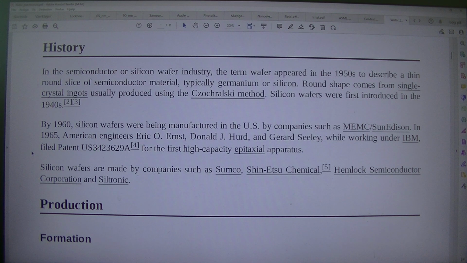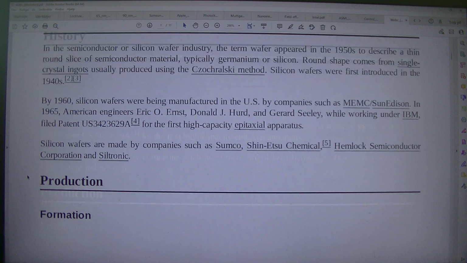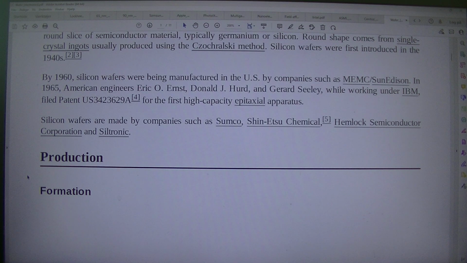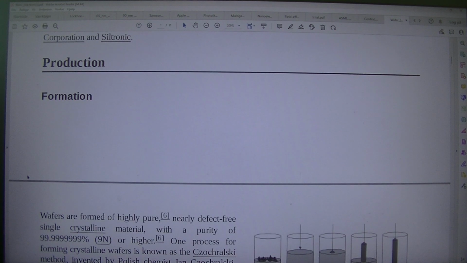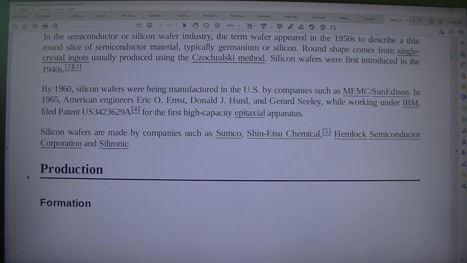In 1965, American engineers Eric O. Ernst, Donald J. Hurd, and Gerard Seeley, while working under IBM, filed patent US 3423629 for the first high-capacity epitaxial apparatus. Silicon wafers are made by companies such as Sumco, Shin-Etsu Chemical, Hemlock Semiconductor Corporation and Siltronic.